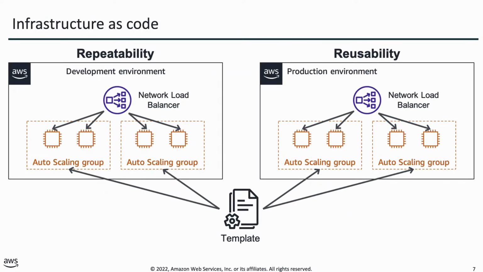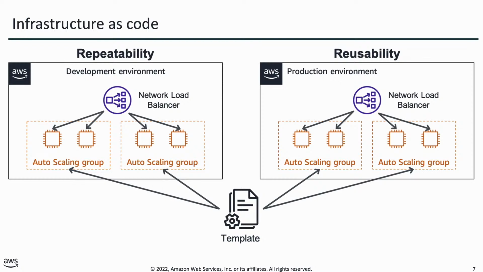Now let's talk about infrastructure as code, which is a huge component of this. And in general, repeatability is one of the reasons why you want to use infrastructure as code, because you get the ability to deploy an exact replication of the same environment over and over and over again. So you could use a CloudFormation template to roll out maybe a development environment, and then you could also test the scaling in the application.